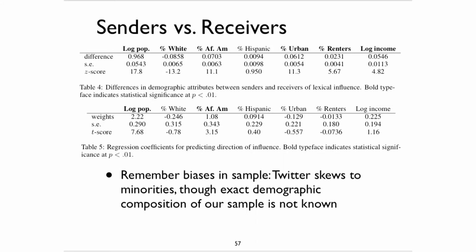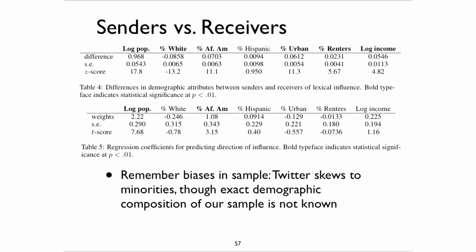These analyses are the asymmetric version of this. We're looking at the difference in demographic attributes between senders and receivers. Going to the regression version, these are regression coefficients for predicting the direction of influence.